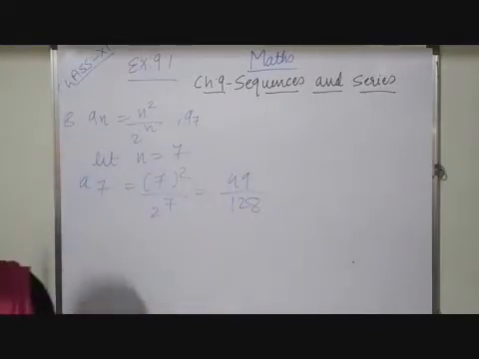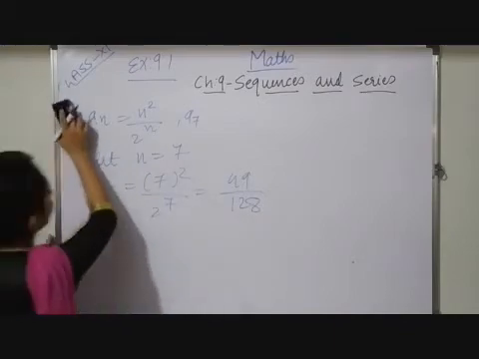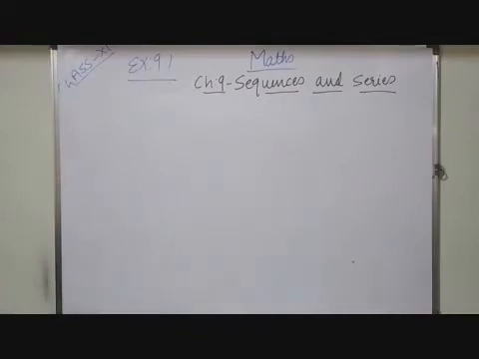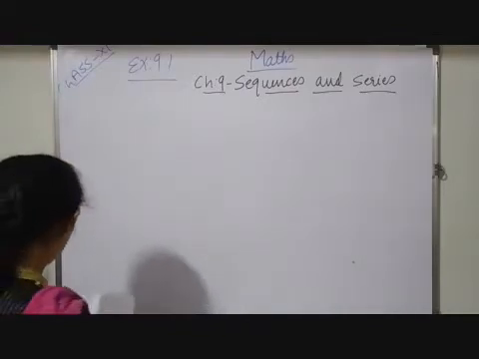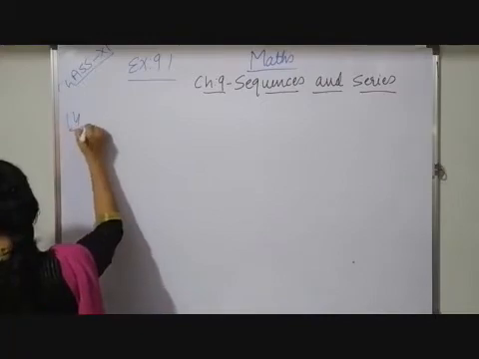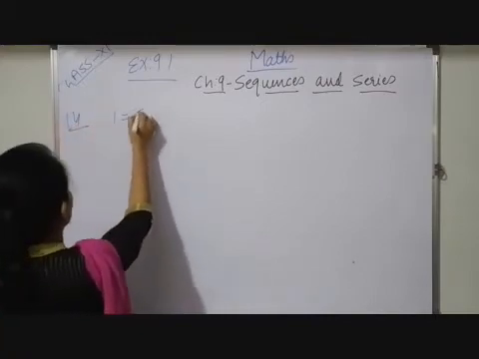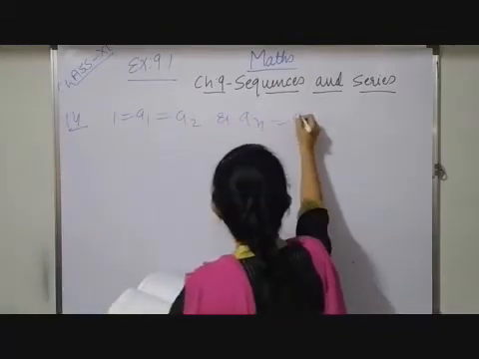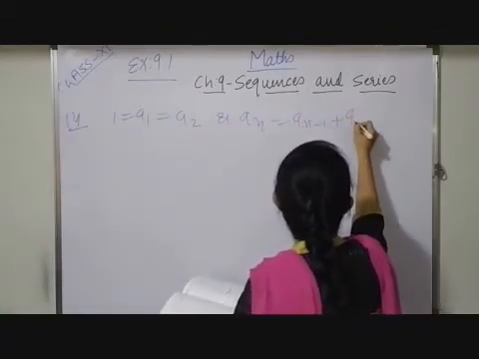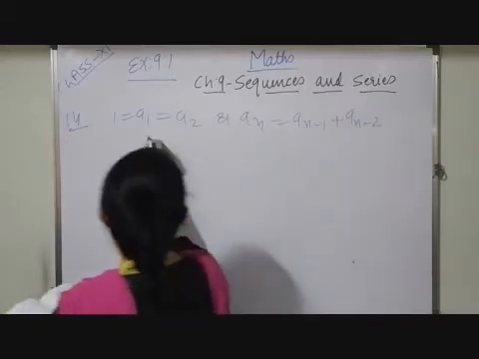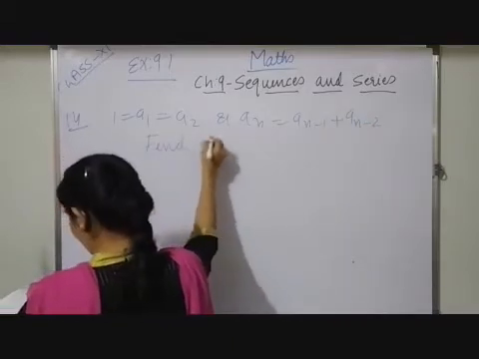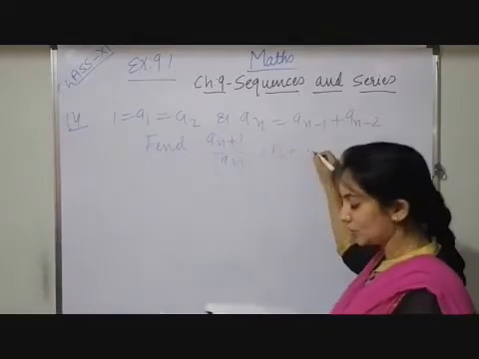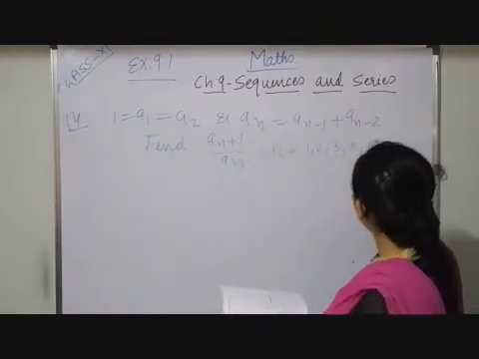Now, one more question I will solve here. Your 14th question. Here, 1 is equal to a1 is equal to a2 is given, and an is equal to an minus 1 plus an minus 2 is given. We have to find an plus 1 upon an for n is equal to 1, 2, 3, 4 and 5.